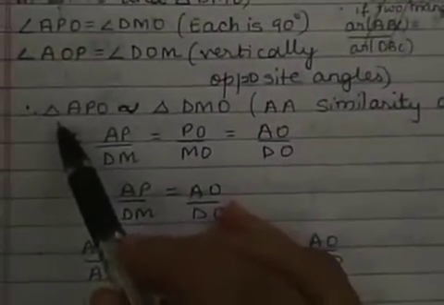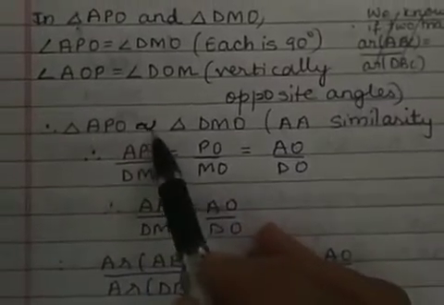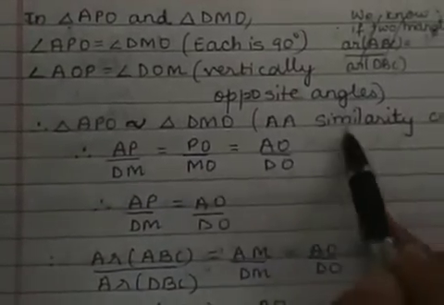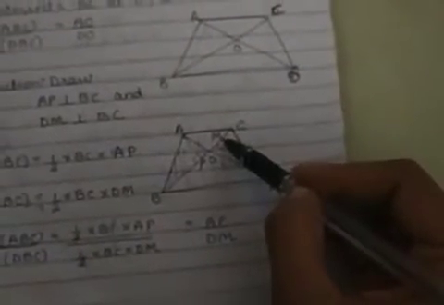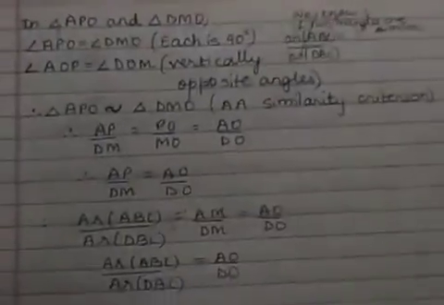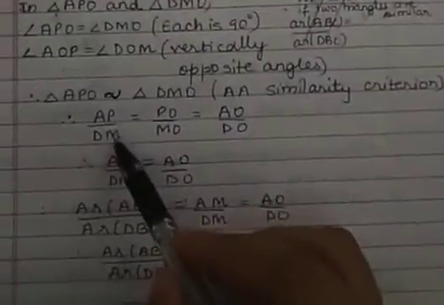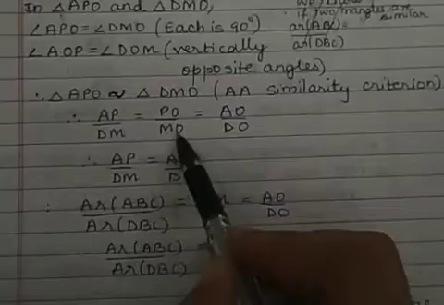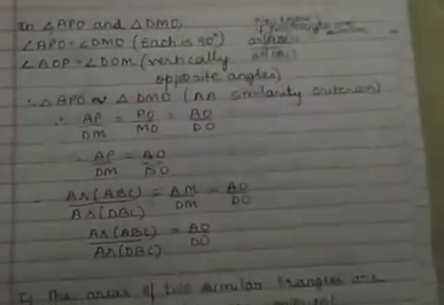So we can say triangle APO is similar to triangle DMO by AA similarity criterion. So AP upon DM will be equal to PO upon MO will be equal to AO upon DO, correct? So the ratio of the sides will be equal.